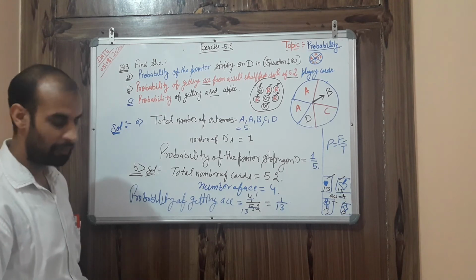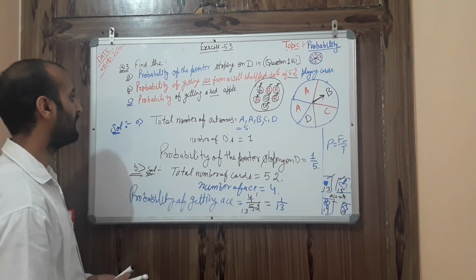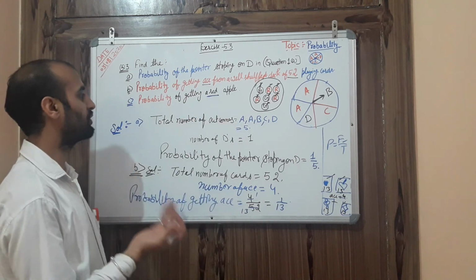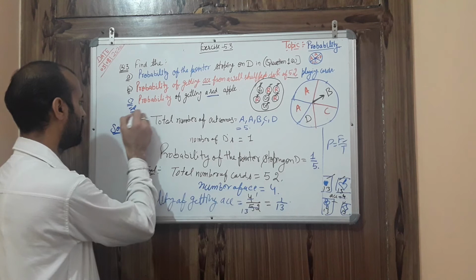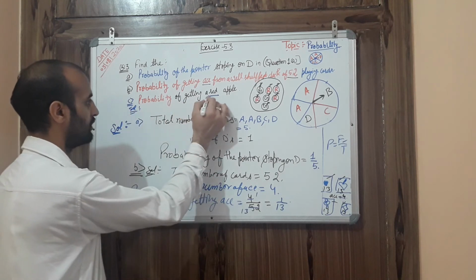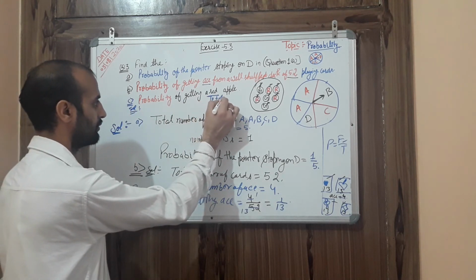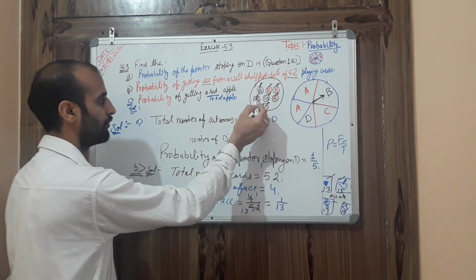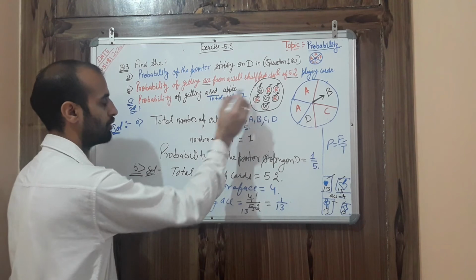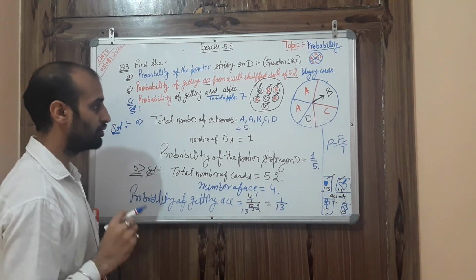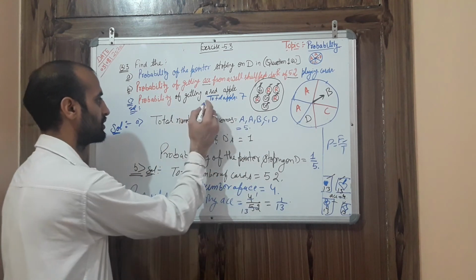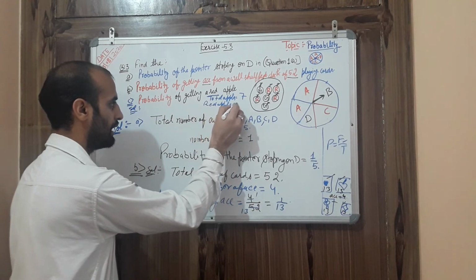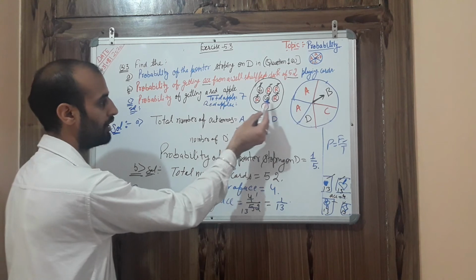Now the third part is left, the probability of getting a red apple. First you must know how many total apples you have. I am writing total apples. Count now: 1, 2, 3, 4, 5, 6, 7. Total are 7 apples. You are interested in red only, so now write red apples. How many red are there? 1, 2, 3.